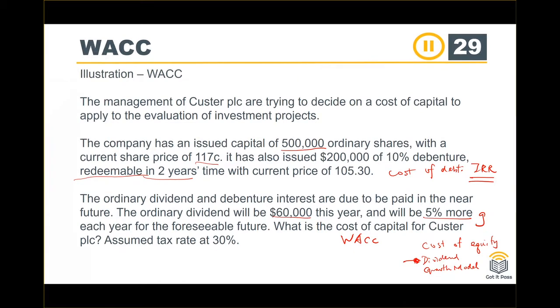So you have to use the market value of each source of finance. And don't forget, the question may provide you more than two sources of finance: cost of debt, cost of equity, maybe cost of preference share. Then you have to put them all together in your calculation.